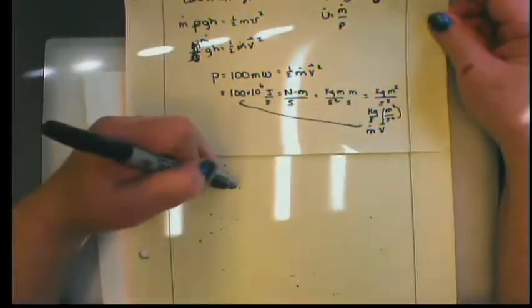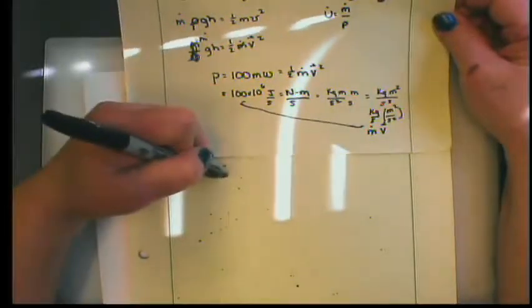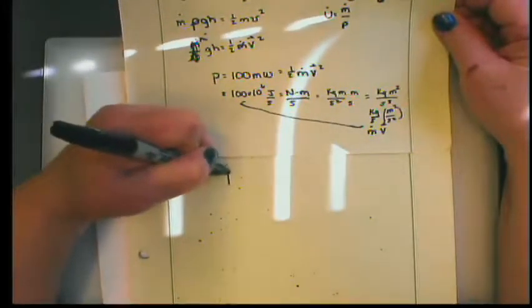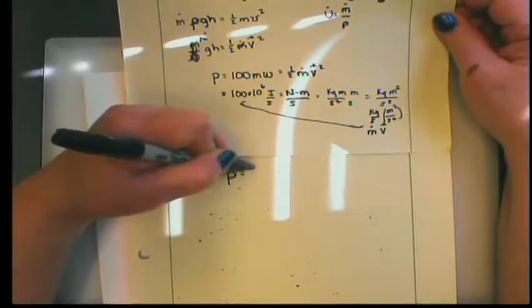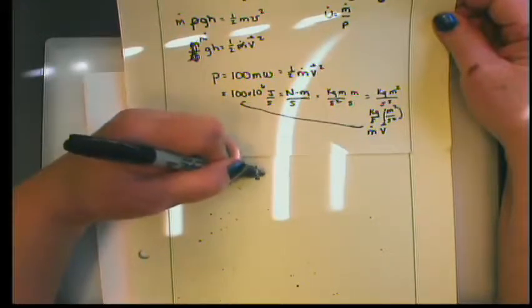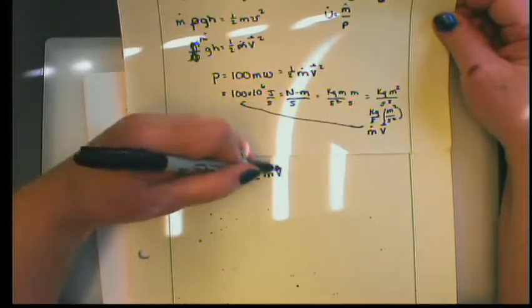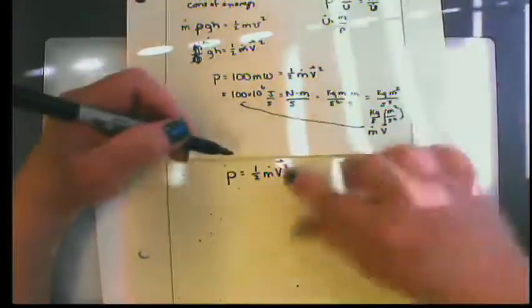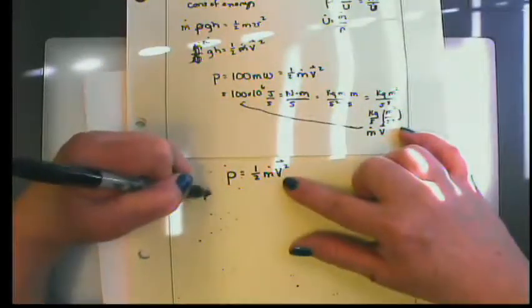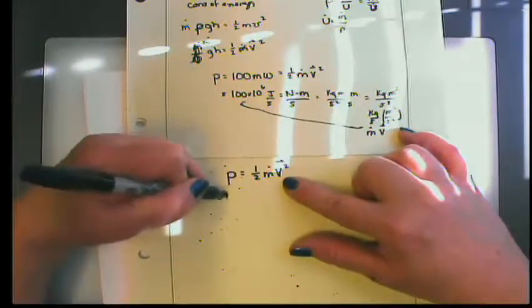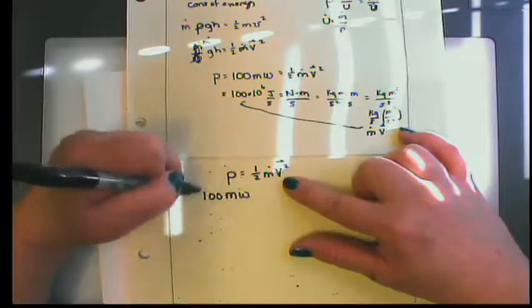Let me go ahead and just do this over again. Just this last part, not the whole problem. Don't worry, I'm not going to do that. All right, so I start with the idea that power is equal to 1/2 m dot v squared. My power is 100 megawatts.